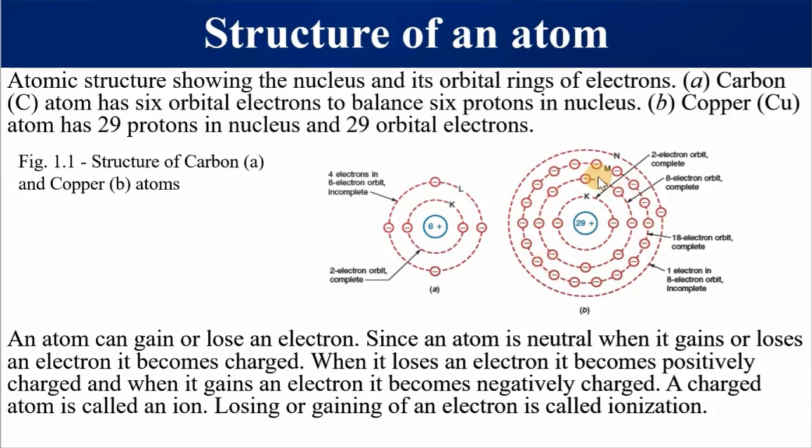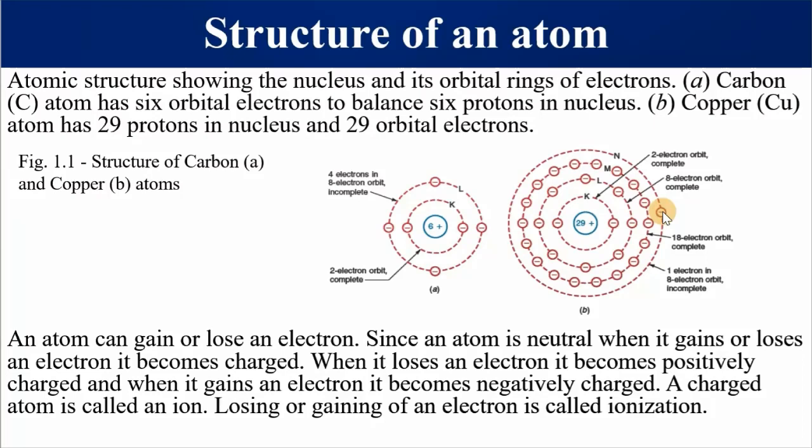An atom can lose or gain electrons in order to attain stability. So if copper, for example, loses 1 valence electron, it will have a charge of plus 1, because we have more protons than electrons.